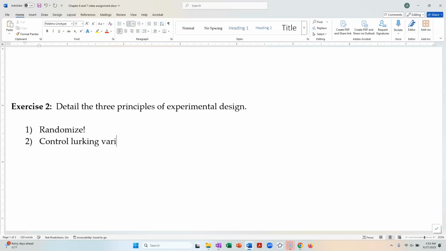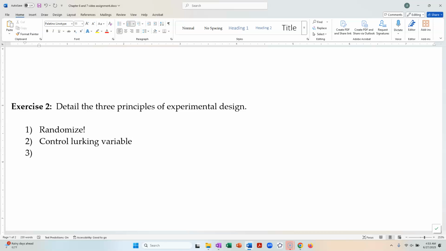Now this, you might be familiar with confounding variable from earlier in the course. They're very similar. Lurking variable is something that you're aware of in the experiment that could affect the results, right? So you want to try and control that via a control group or a different type of design, right?